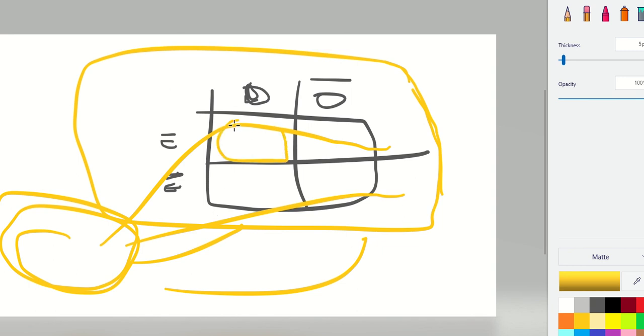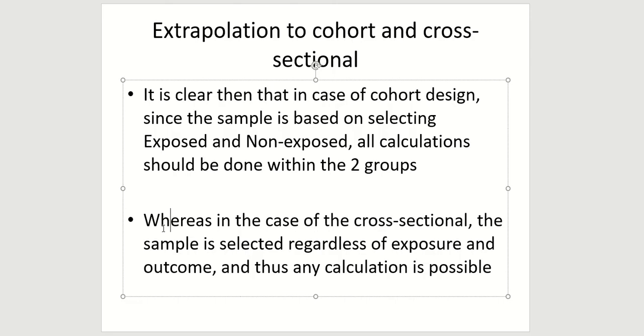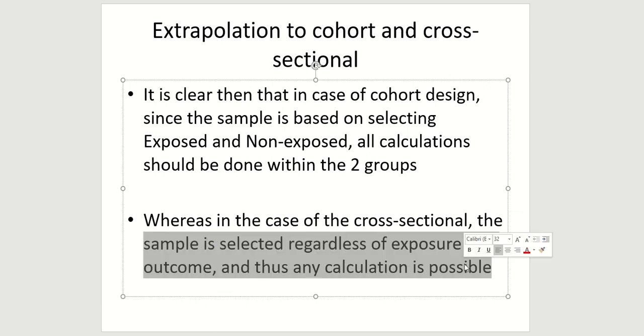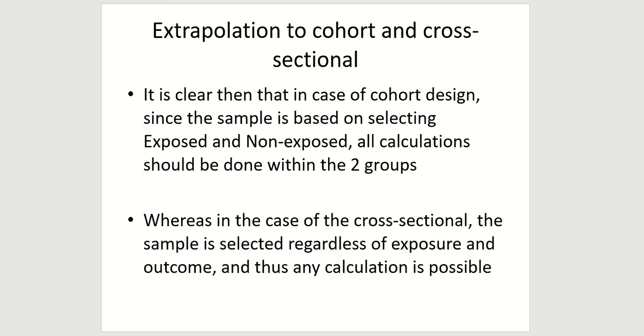You can calculate here the total, you can calculate here, anything you want. But make sure that you're not talking about risk, because they will be prevalent cases. You need to talk about prevalence. So in a cross-sectional design, the sample is selected regardless of exposure and outcome, and thus any calculation is possible. You can calculate whatever you want in a cross-sectional design.